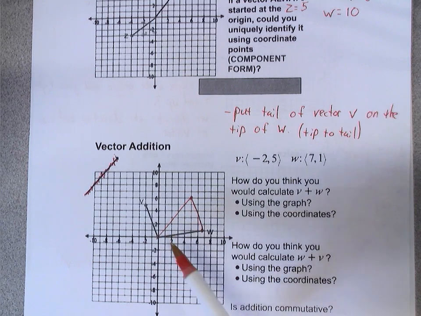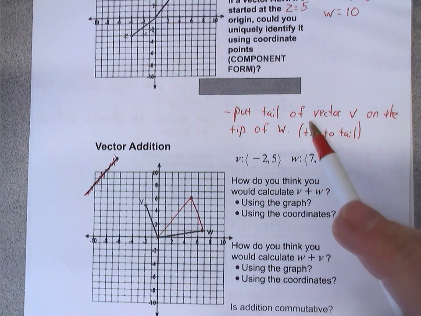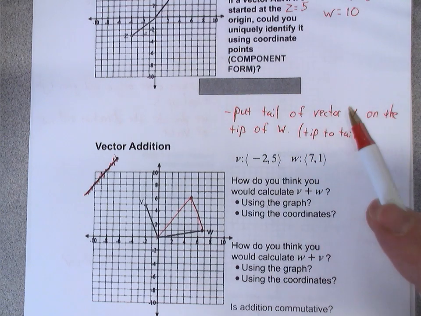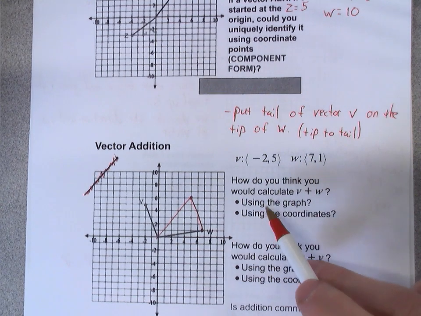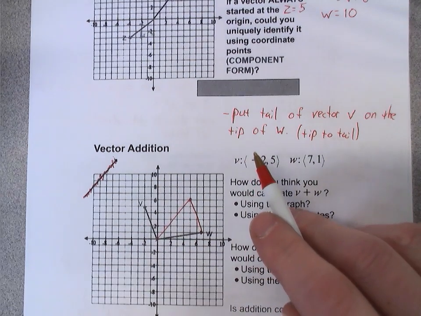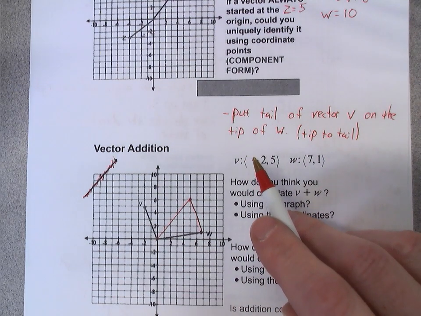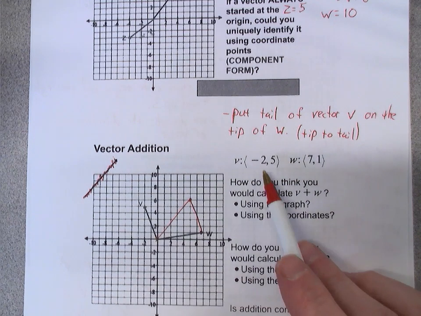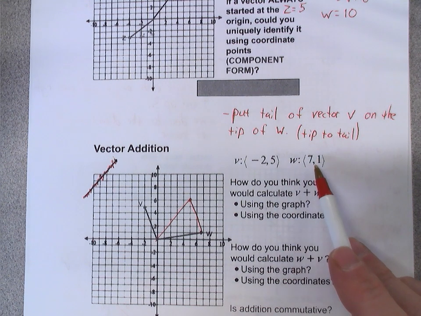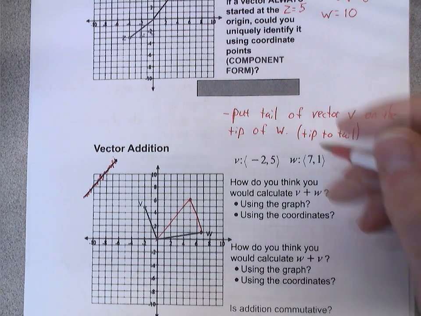It's very visual. But now we want to say, how could we do this in an actual addition method? The way we can do that is we can simply take the x coordinates of both and add them together, and the y coordinates of both and add them together.